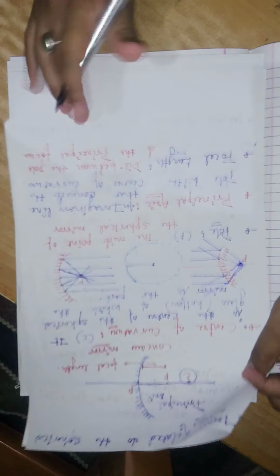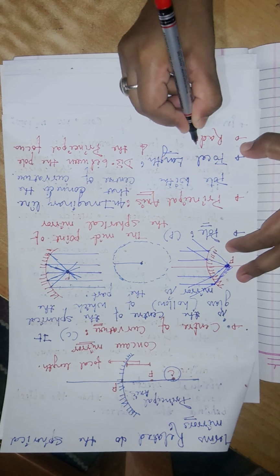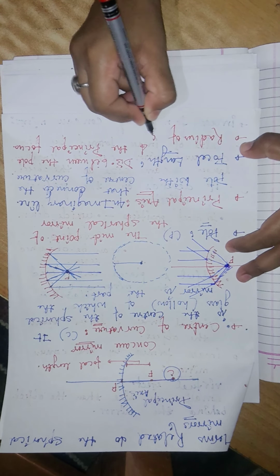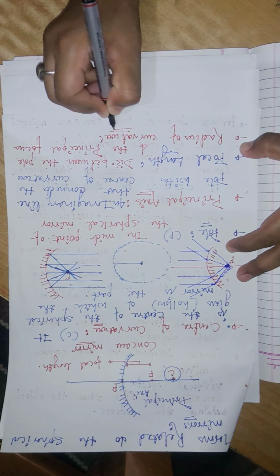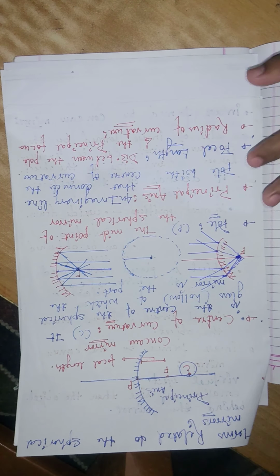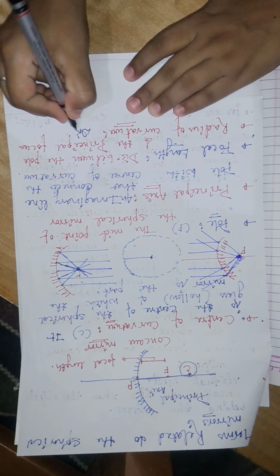Only one term is left, that is radius of curvature. Let's first write what radius of curvature is. It's also simple.